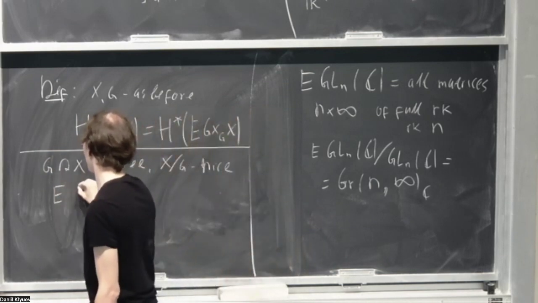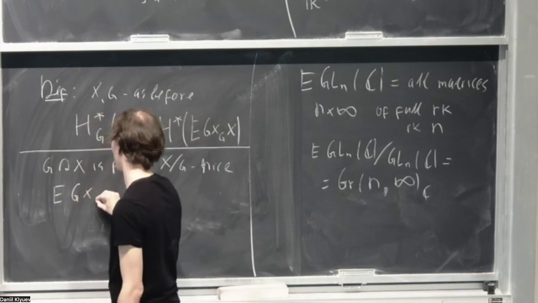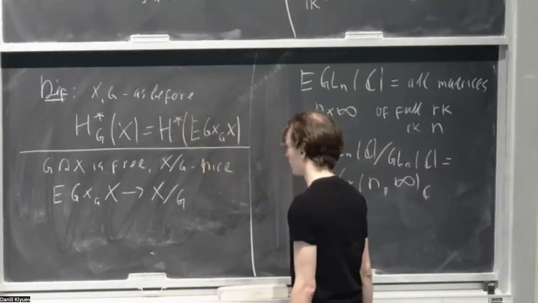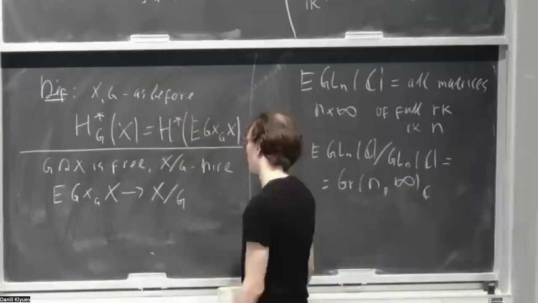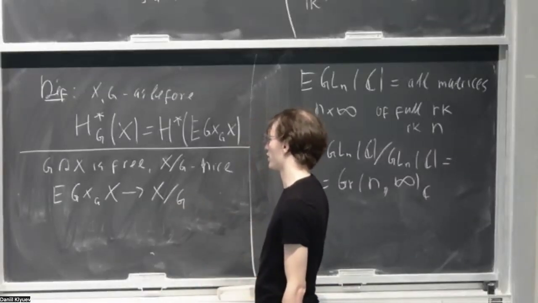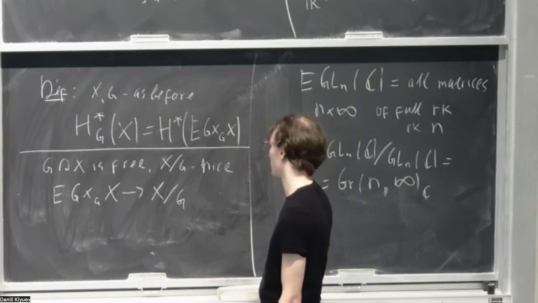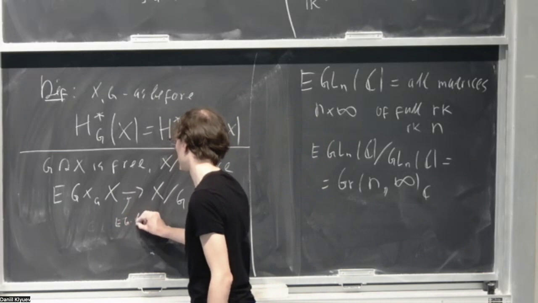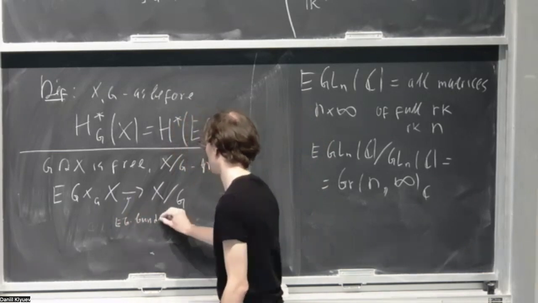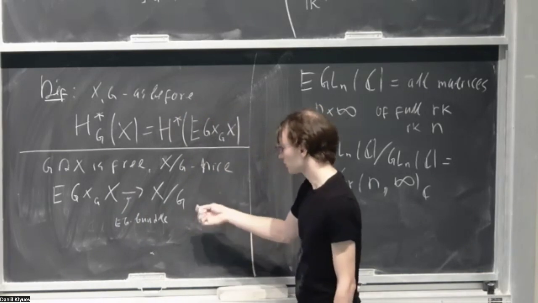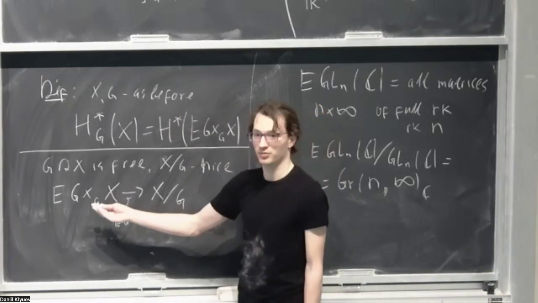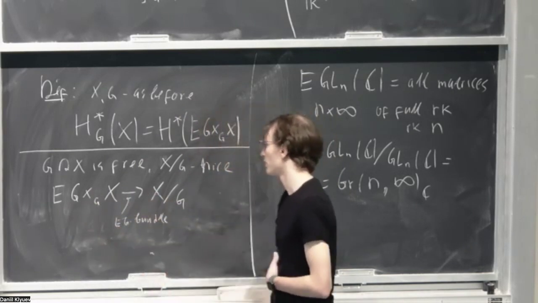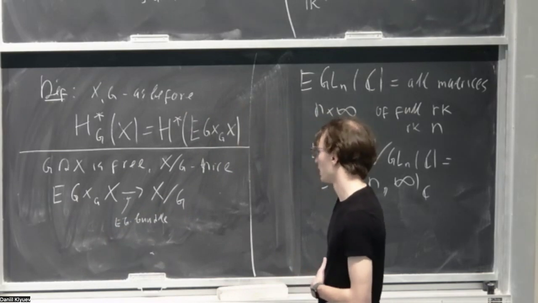Then there is always a natural map from this homotopy quotient to X over G that just uses the second coordinate. If this is an EG bundle, the fiber over a point is EG.